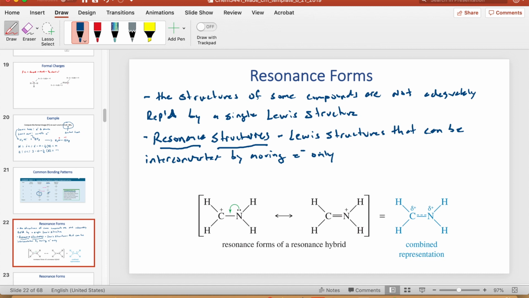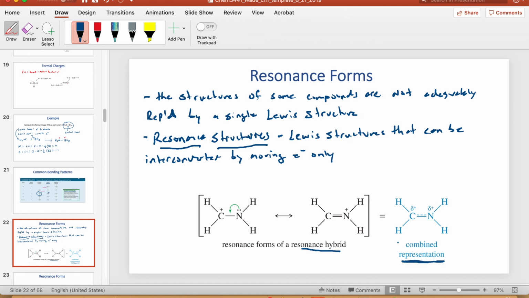So what this means is you have maybe 2, 3, 4 structures. Which one's real? Well, the real structure is actually a hybrid of all of them. However, some count more than others, right? So what you can see here are different forms of a resonance hybrid, and this is the hybrid or combined representation.